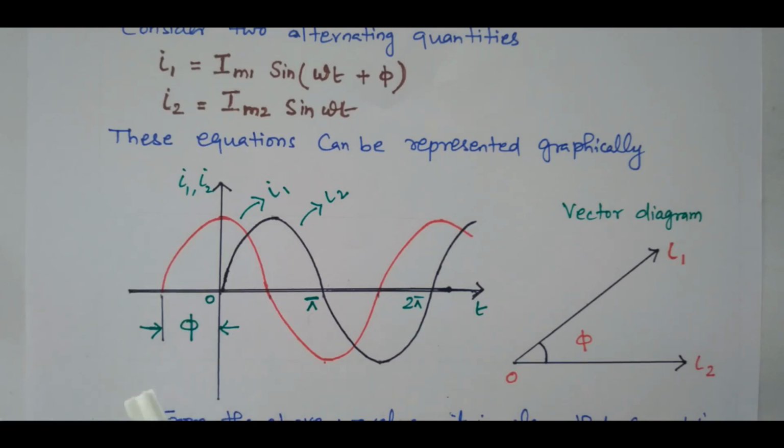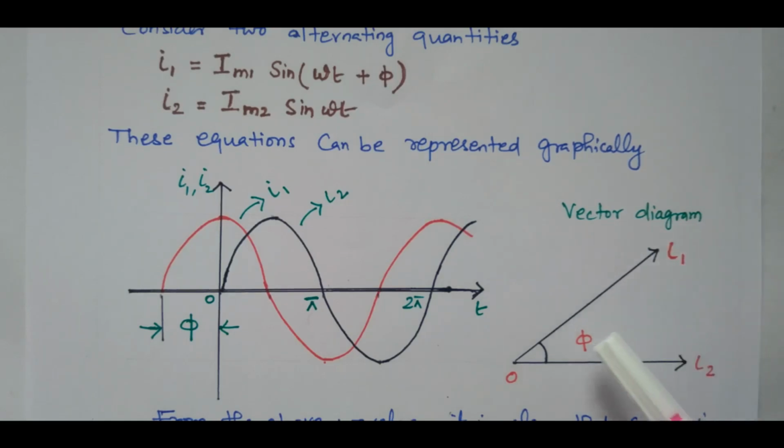In the previous case, lagging, I1 starts later. Here I1 starts early. So due to this, see the phasor diagram. This is I2, which starts at 0, but I1 starts with an angle of pi. It is leading, so it is given in the upward, anti-clockwise direction. Lagging means it will go in the downward direction. So pi is the angle between I1 and I2.